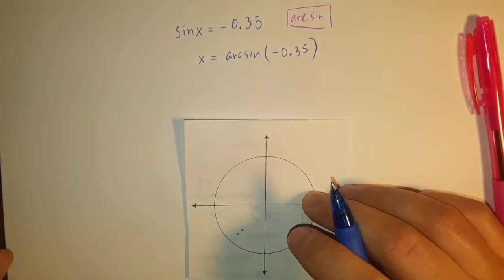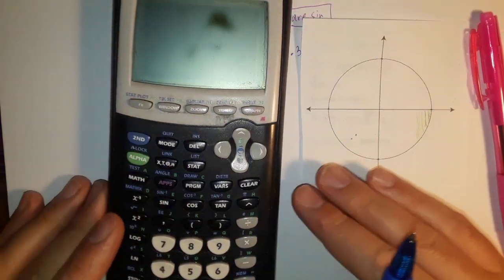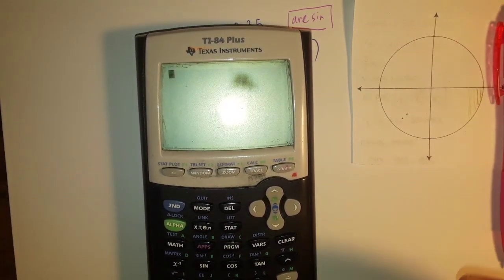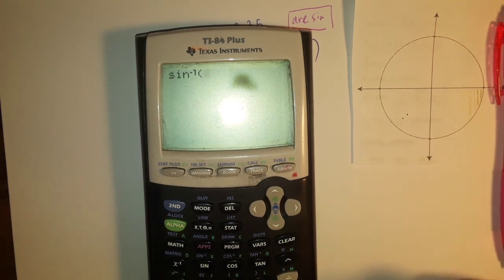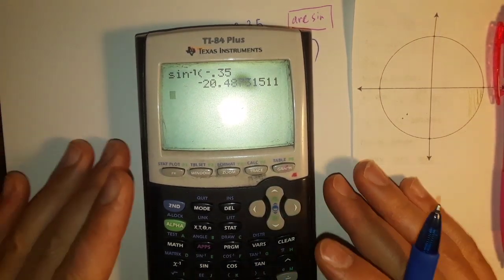Now we take the calculator. We're gonna solve this using the calculator: the inverse of sine, which is the same as arc sine, of negative 0.35. It's set in degrees, so that's the answer in degrees.